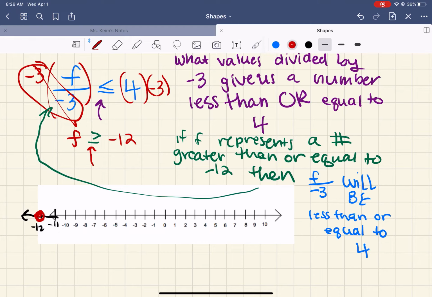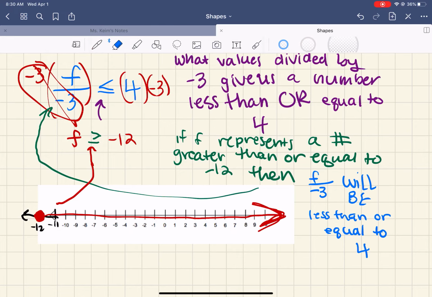Okay, so that means we're going to fill in our dot. That means -12 is included in our variable set. If we put -12 for f, -12 is greater than or equal to -12. So we're going to fill in our dot. -12 is included. All right. And then we just need to use an arrow to show that our solution is not just -12, but it is all the numbers greater than -12.